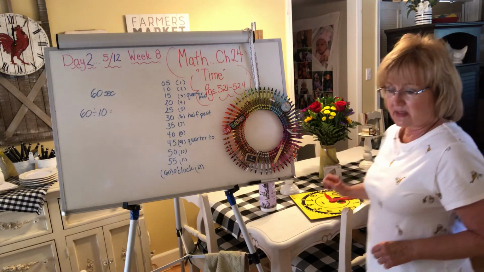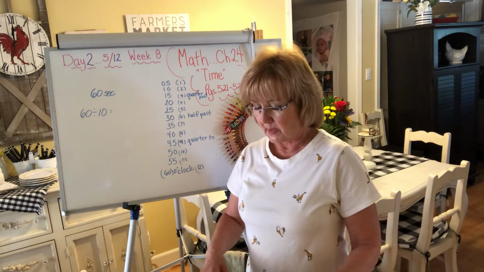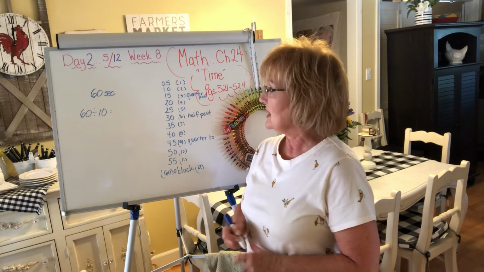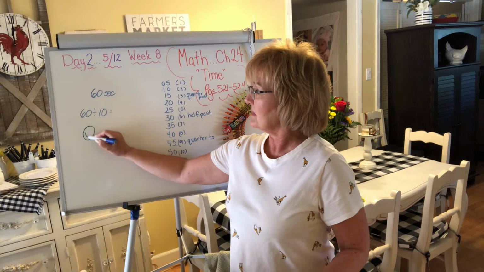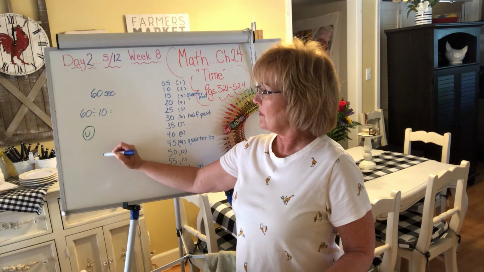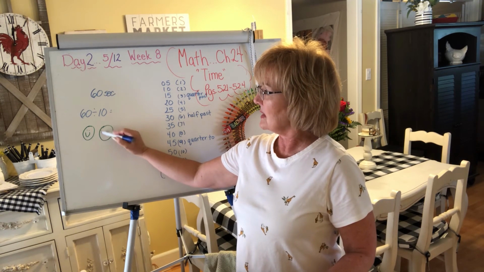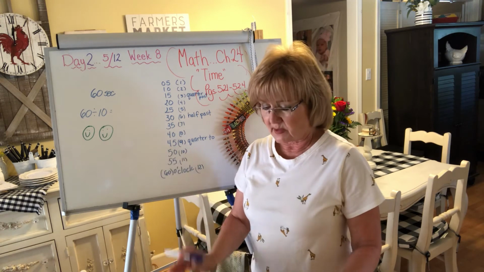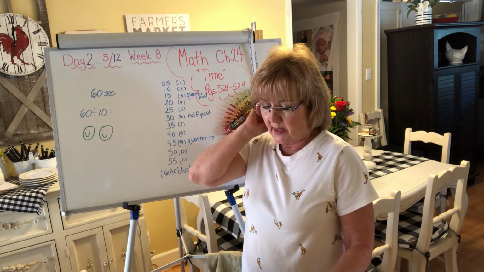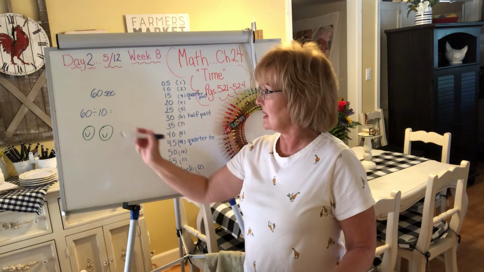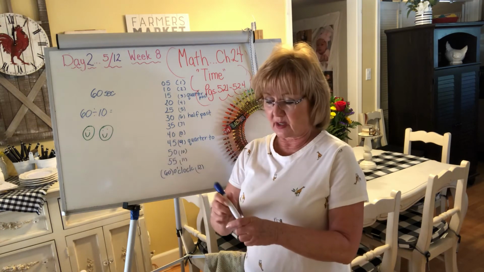10 seconds. Okay, 1, 2, 3, 4, 5, 6, 7, 8, 9, 10. And so on and so forth. But it takes Juan a whole 60 seconds. So how many 10s are in 60?